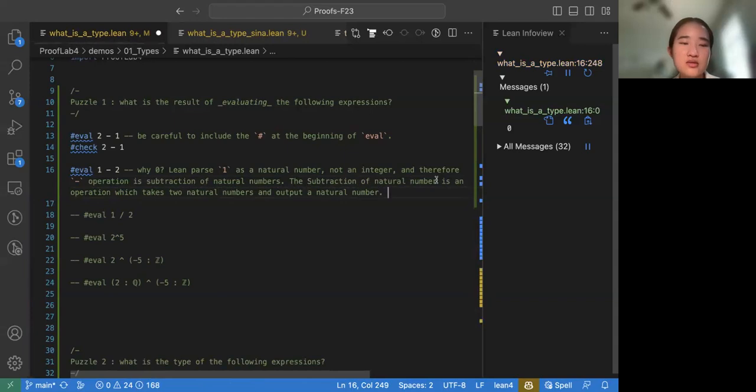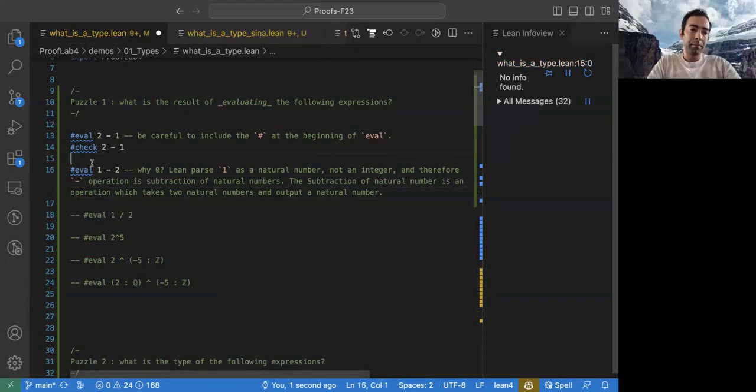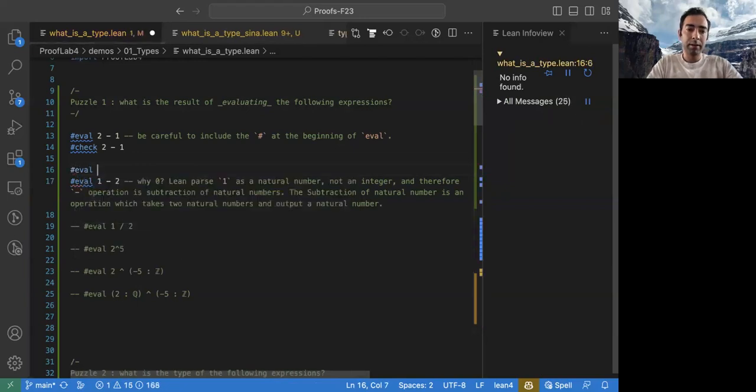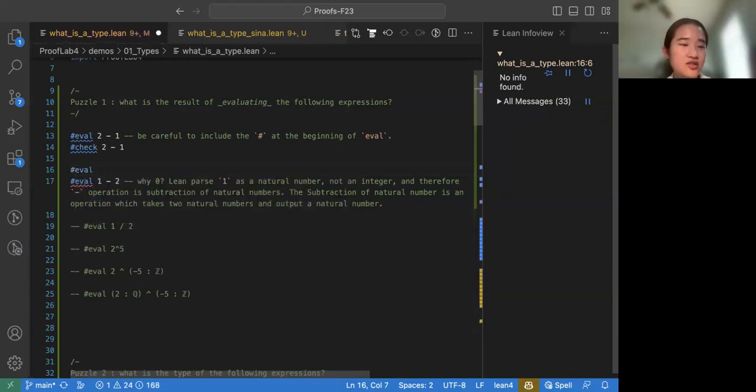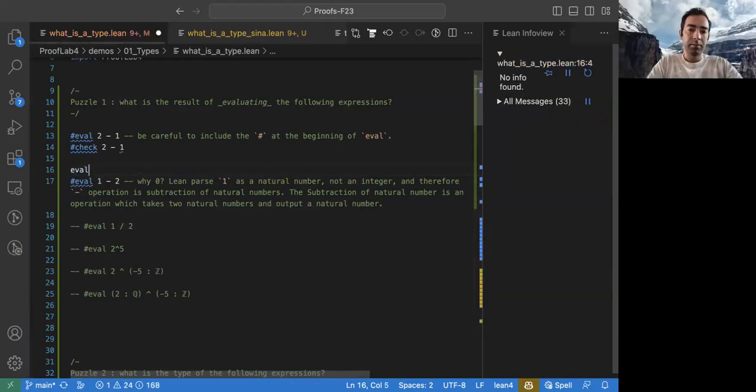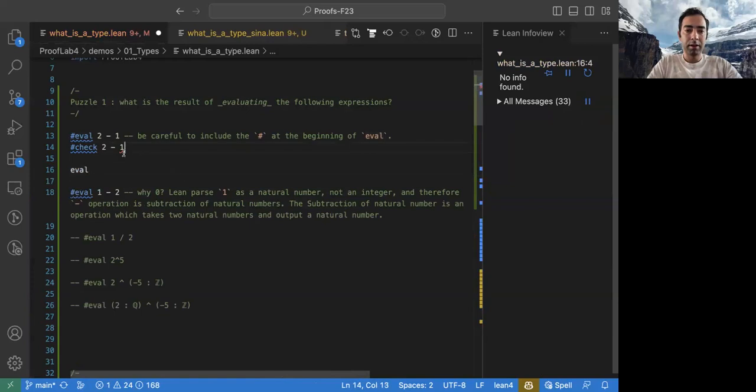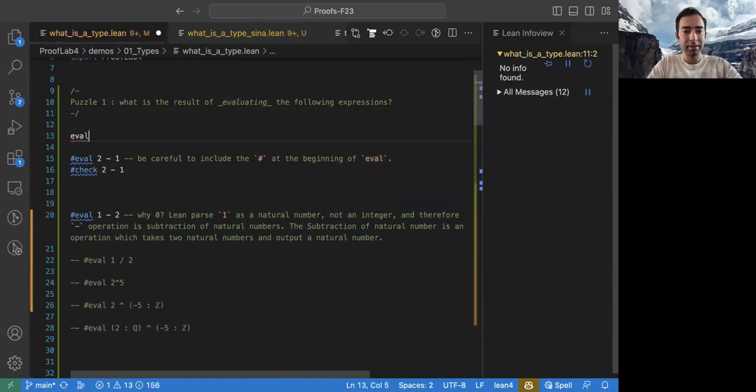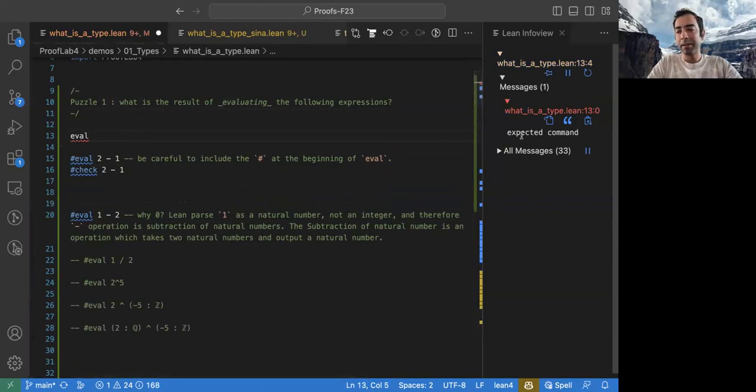What would happen if you didn't put the hashtag eval, but you put just eval? Like, would it do anything? No, I already get an error here. If I put it above everything else, let's say, it says expected a command.